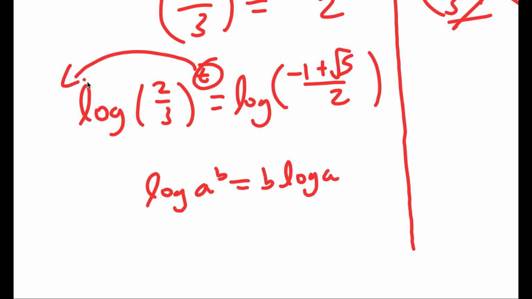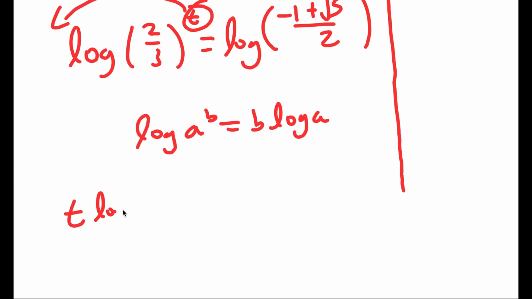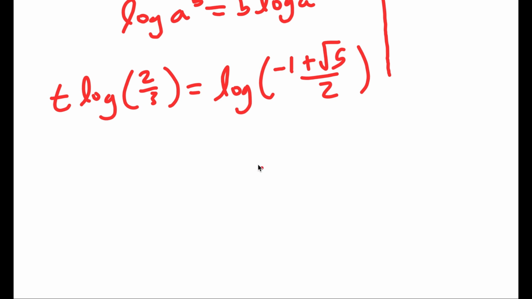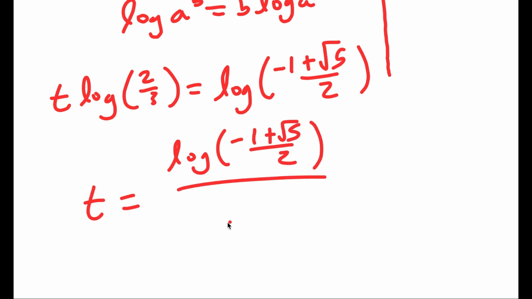So I can move t to the front, and I get t times log of 2 over 3 is equal to log of negative 1 plus the square root of 5 over 2. And this means that t is equal to log of negative 1 plus the square root of 5 over 2 over log of 2 over 3.